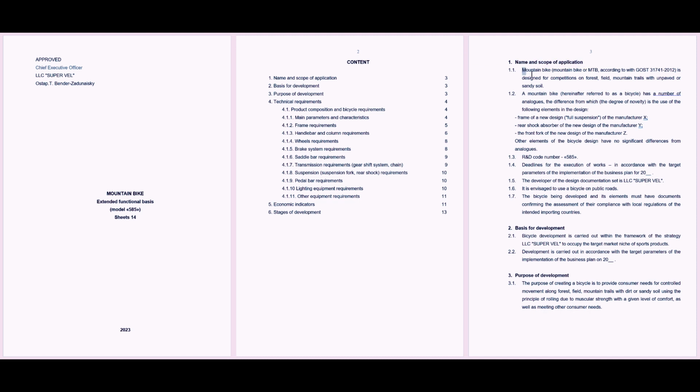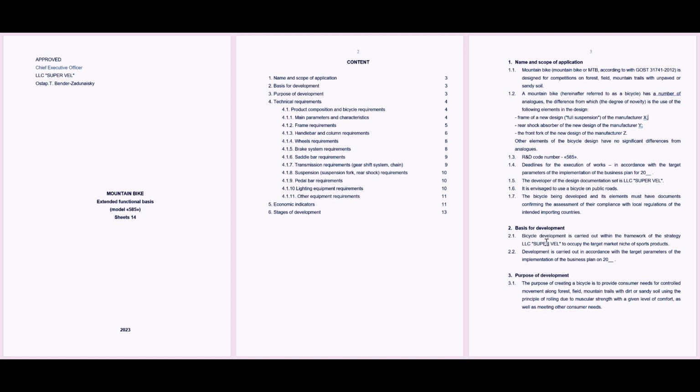In the section name and scope of application, the designation of the bicycle is given in accordance with GOST 31741. The differences from an annex are listed. The terms of work are indicated, the name of the developer company, etc. The sections basis for development and purpose of development indicate typical formulations for the design engineering object. This is followed by section 4, technical requirements.